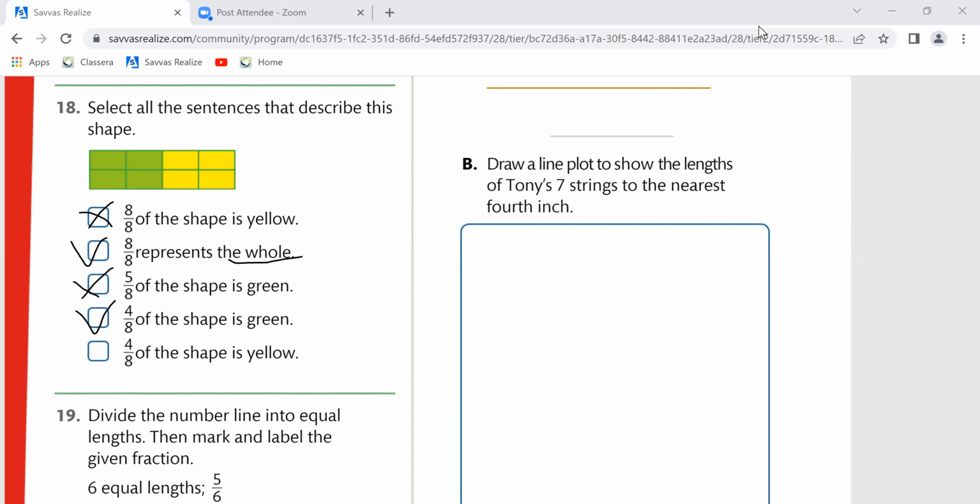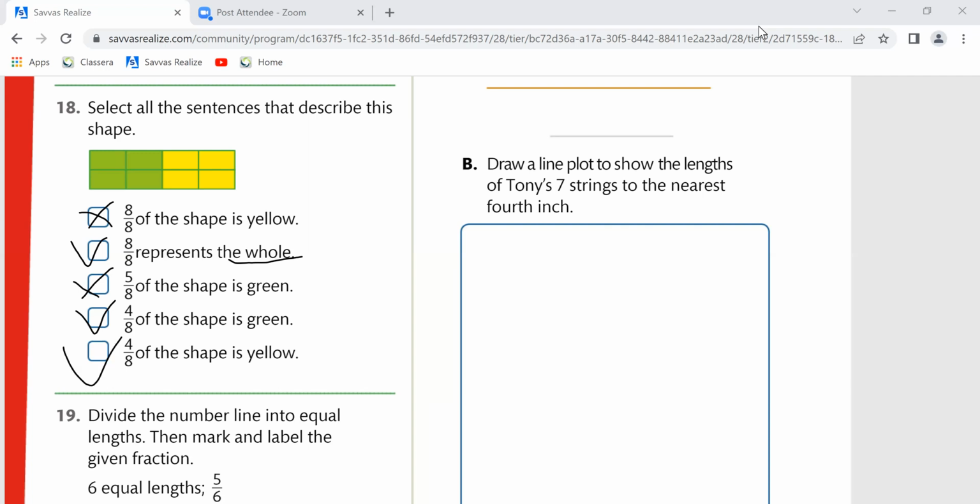How many do you have together? Count, how many? Together, all of them. So 4 out of 8 yellow? Yes.